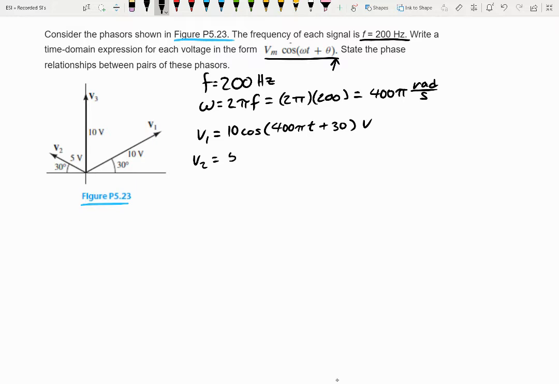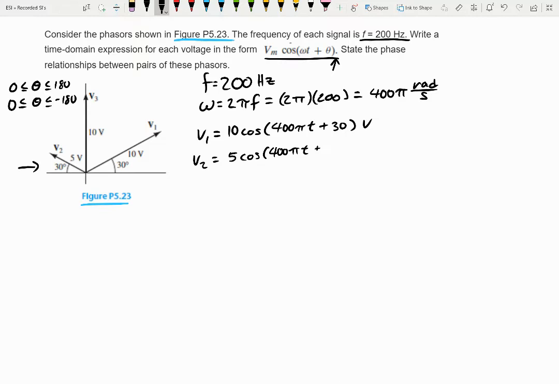V2 has a magnitude of 5. Write cosine 400 pi t. And remember, they all have the same frequency, so that's why we're writing 400 pi. And remember, for our angles, we want to keep them between 0 and 180, or between 0 and negative 180. We want it one or the other.